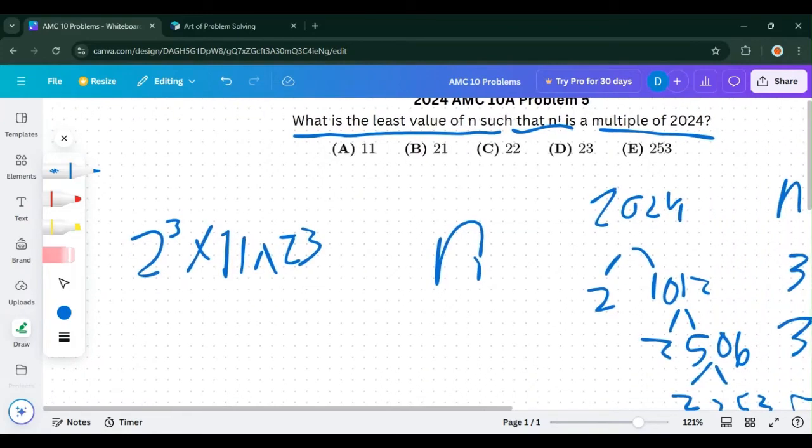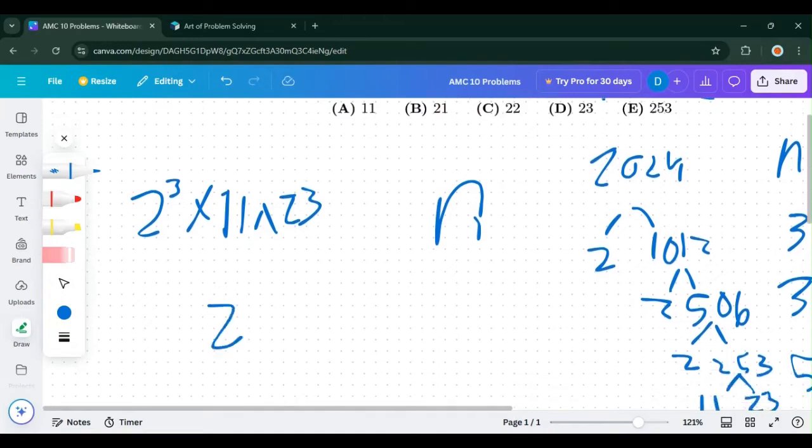So it's asking what is the least value of n such that n factorial is a multiple of 2024. And as you see off the bat, we know that it is 23 factorial because, once again, all of these numbers are prime numbers. So wait, hold on. All these numbers are prime numbers because we found the prime factorization. So 2 is a prime number, 11 is a prime number, and 23 is a prime number.